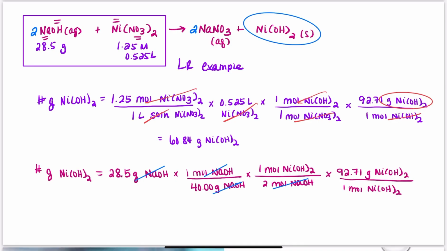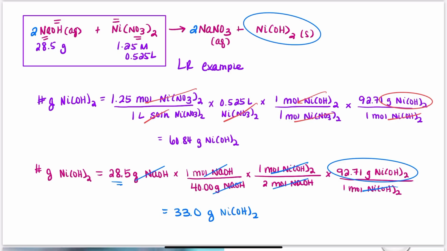So again, getting me into the grams that I'm interested in. And this would produce 33.0, I'll fix my sig figs above in just a sec, 33.0 grams of the nickel hydroxide.